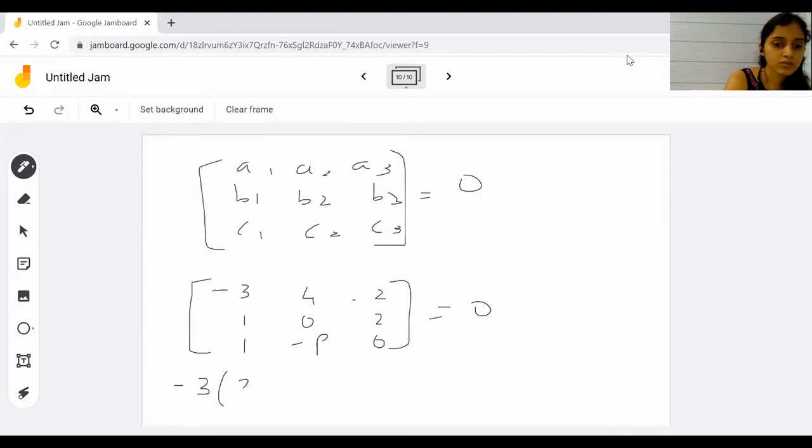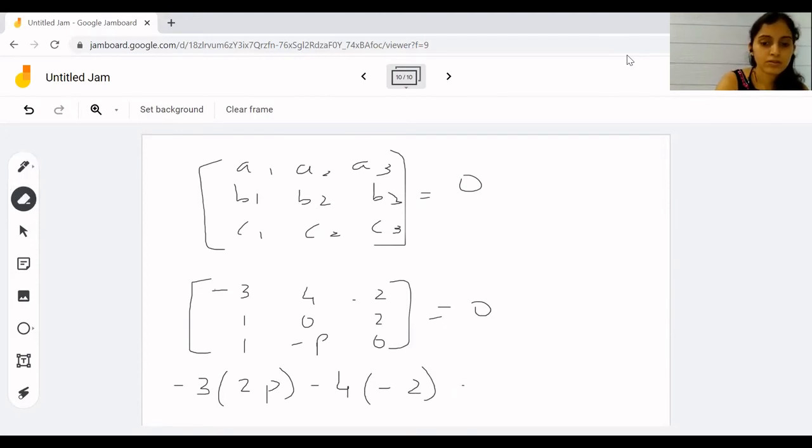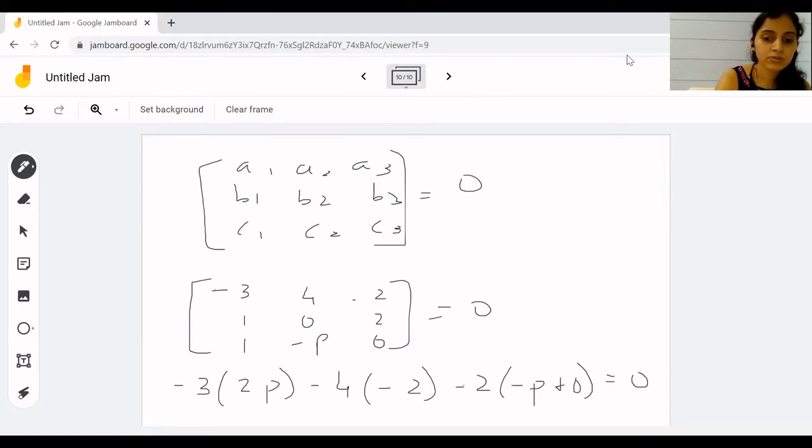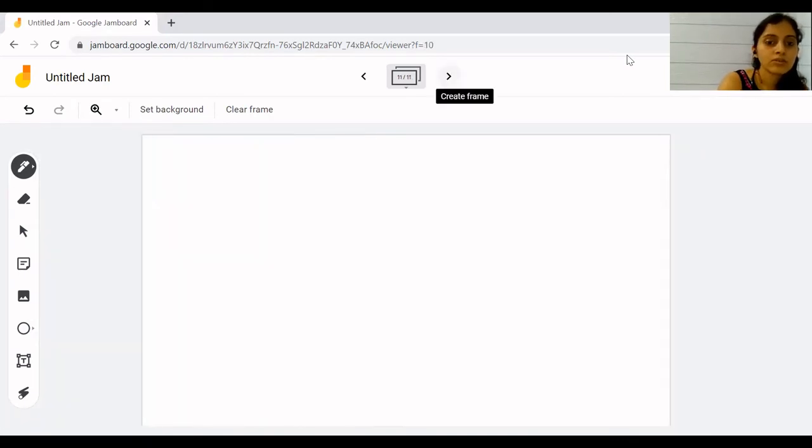Let us put the determinant value now. 0 plus 2p minus 4 into 0 minus 2 plus minus 2 into minus p plus 0 equal to 0, which will be minus 6p plus 8 plus 2p equal to 0.